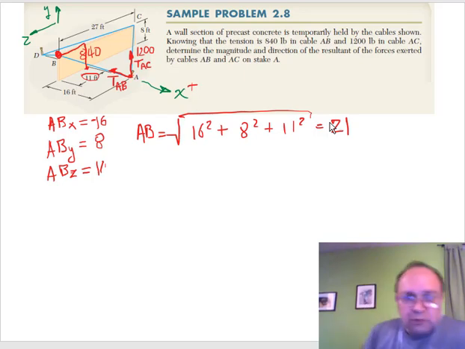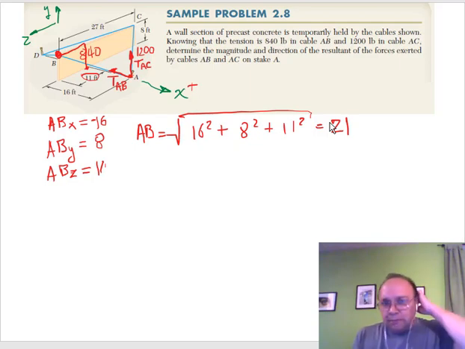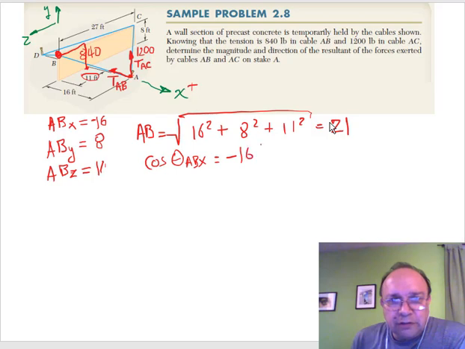So from here we can get the cosines of the direction AB. Let's call it theta ABX is equal to minus 16 over 21.